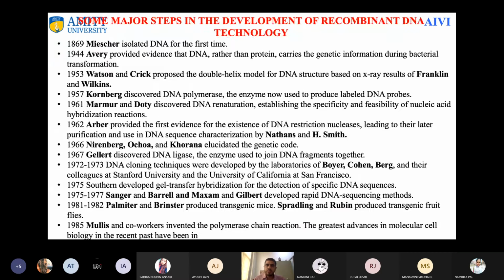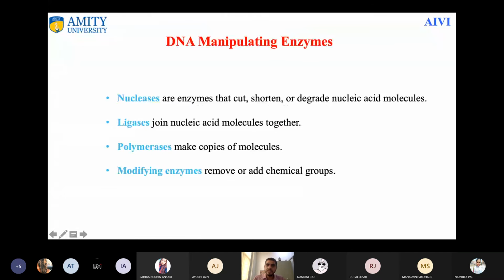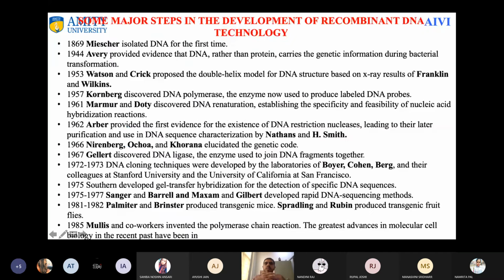Okay, so now moving to the thing that we are talking about. Before going to the details about the enzymes, first of all, whenever you are going to do anything, it is our duty to remember the historical events and the researchers whose discoveries and research brought us to the current level. If you are reading any book, it simply means thousands of scientists have done their work, which has been compiled into those books.